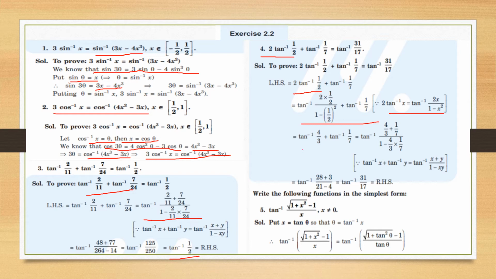So this changes to tan inverse 4 by 3 plus tan inverse 1 by 7. And now I can apply the formula of tan inverse A plus tan inverse B, which will give me the right hand side as tan inverse 31 by 17.